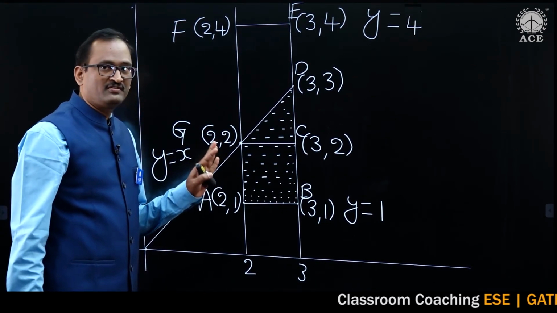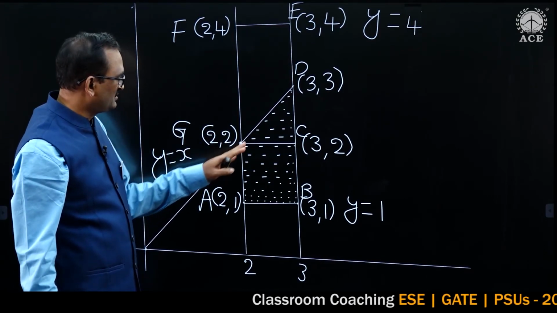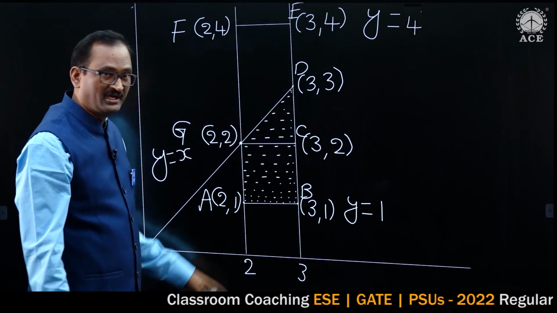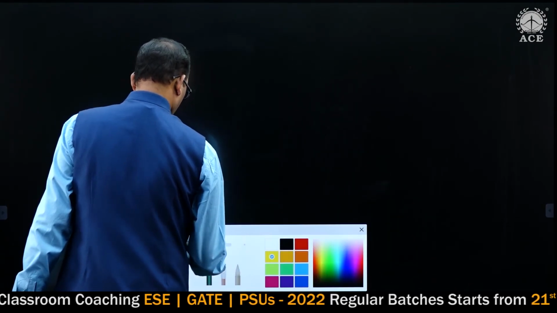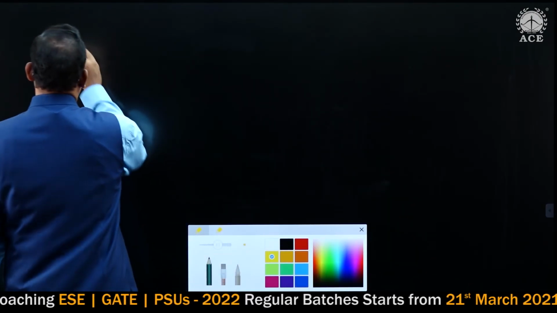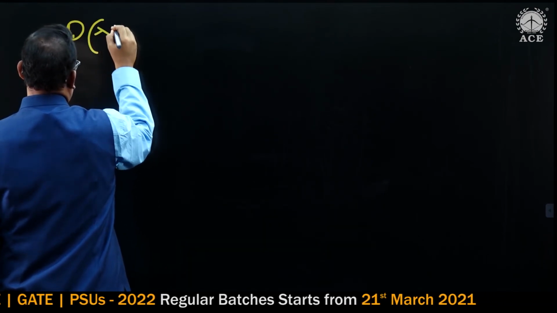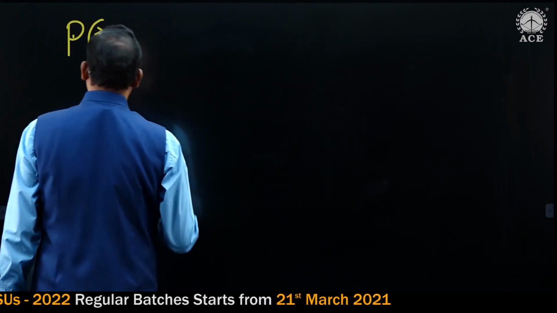So probability of y less than or equal to x means we need to find the shaded area.